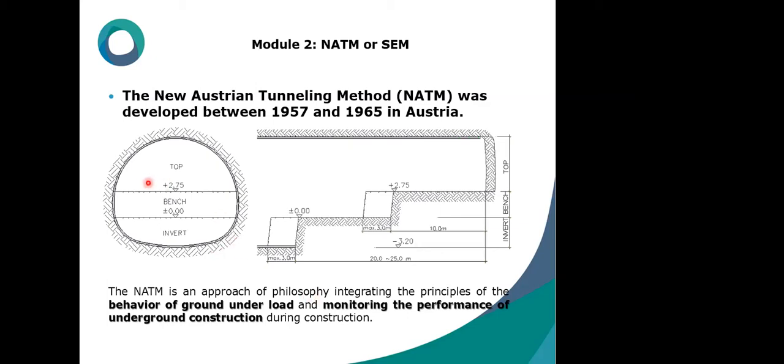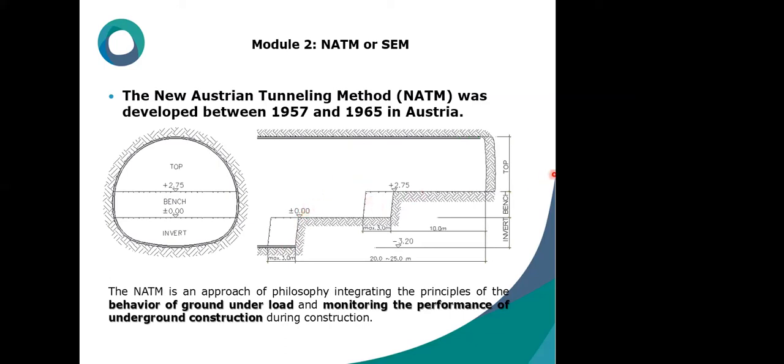The left picture is a typical section of an NATM tunnel, and it is divided into 3 parts. It shows the excavation stages. And this picture on the right hand is the longitudinal profile of the tunnel. You can see the stages of the excavation.